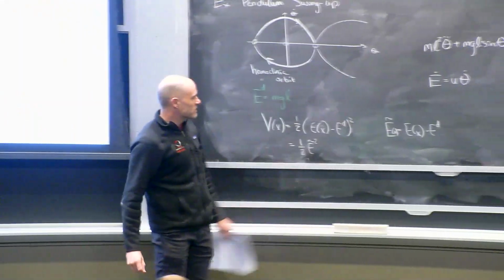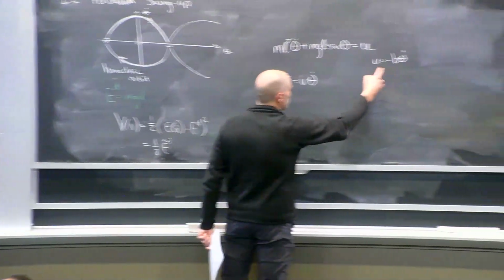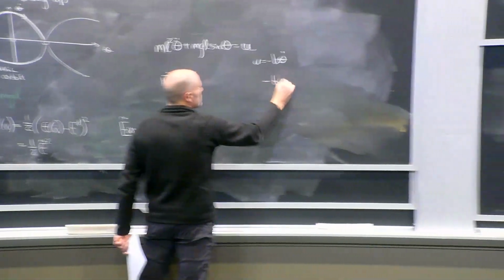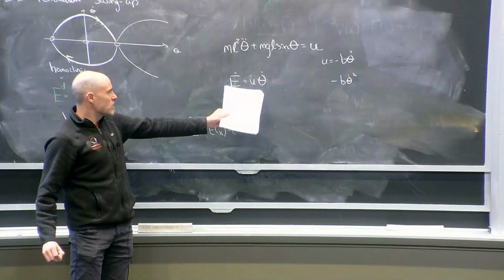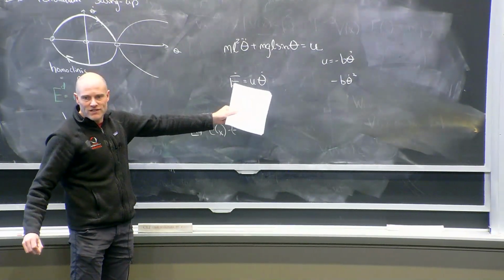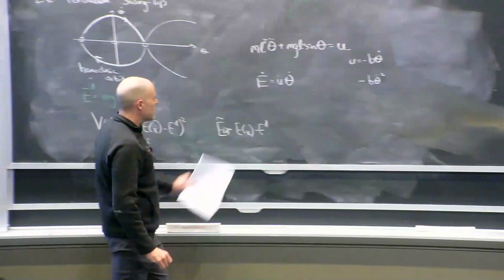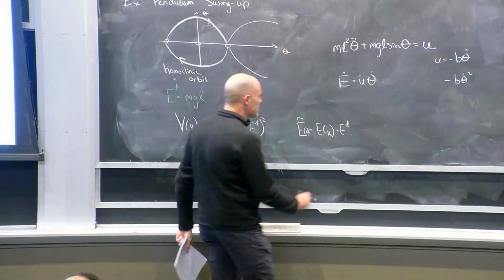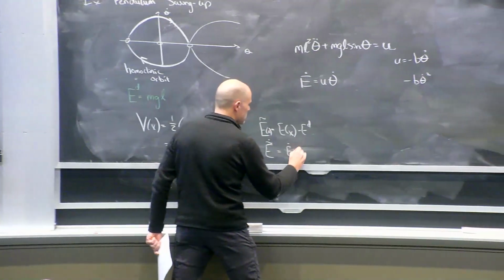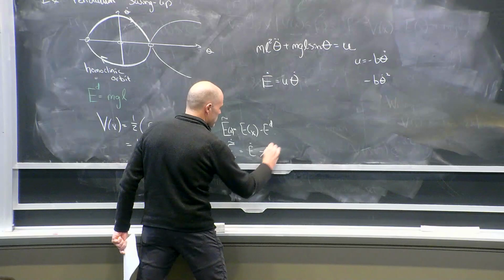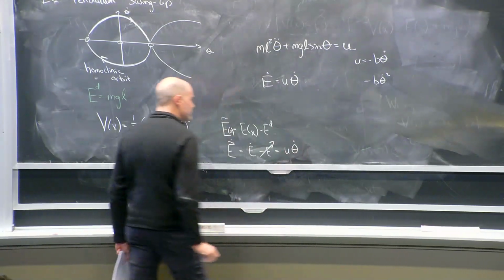If I take the derivative of my mechanical energy, just like I did before, that's consistent. Before, I remember I got negative b theta dot squared, and that's also just, as many of you know, torque times velocity is the rate of change of energy. So E dot is this. E tilde dot is E dot minus E desired, which is 0, so it's just u theta dot.